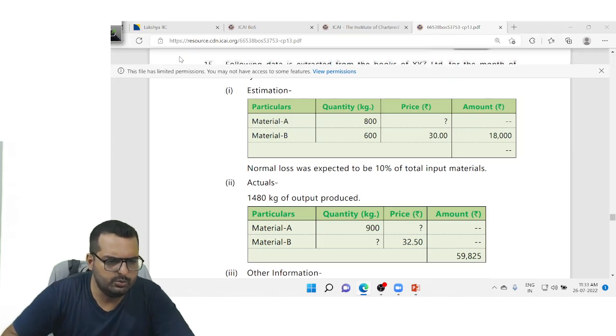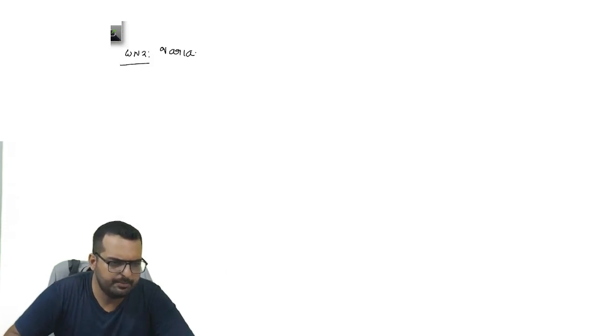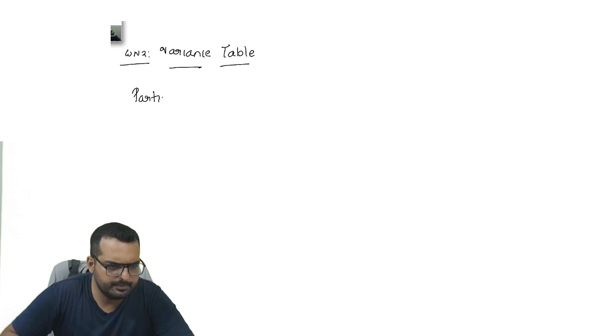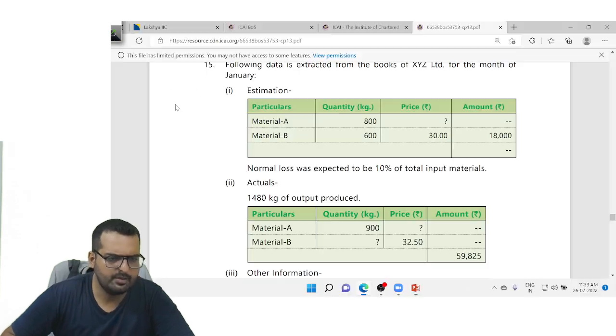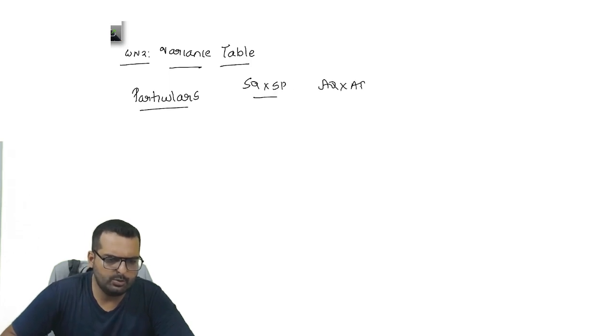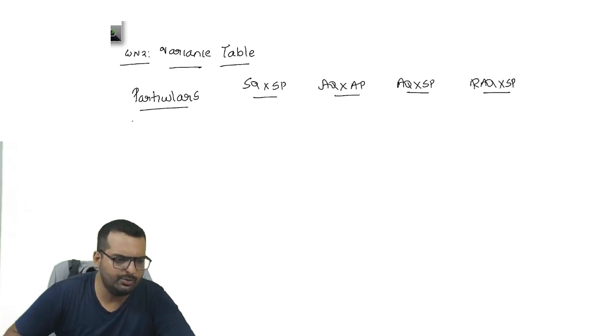Working note number 2, we'll put the variance table. Here I'll draw particulars. You have SQ into SP, AQ into AP, AQ into SP, RAQ into SP.